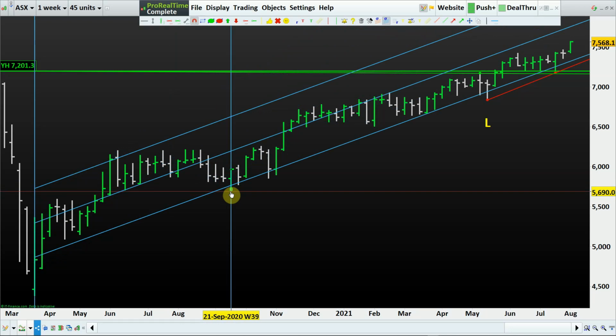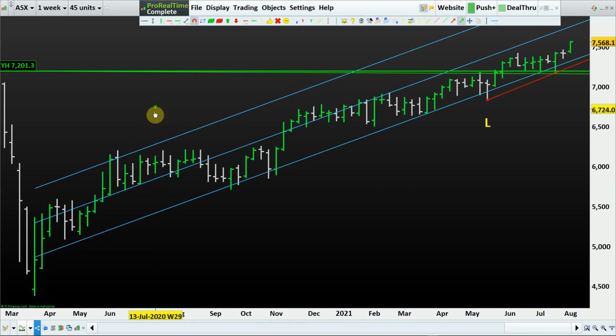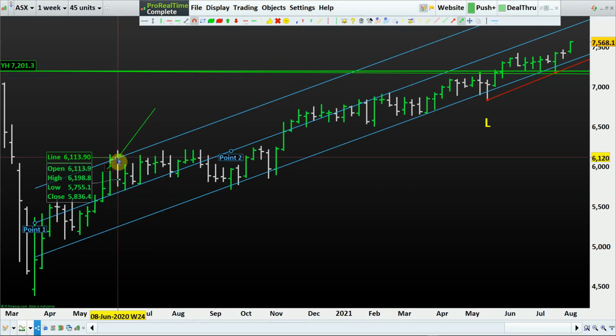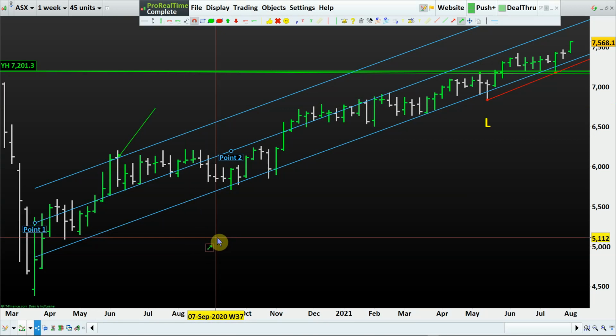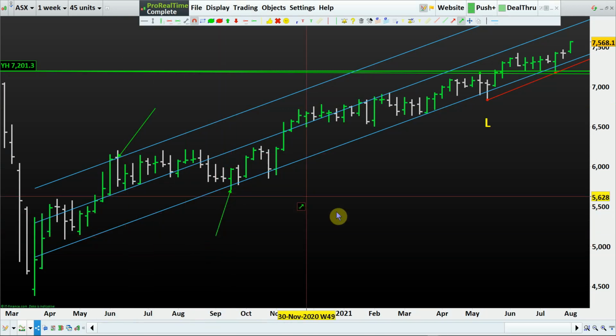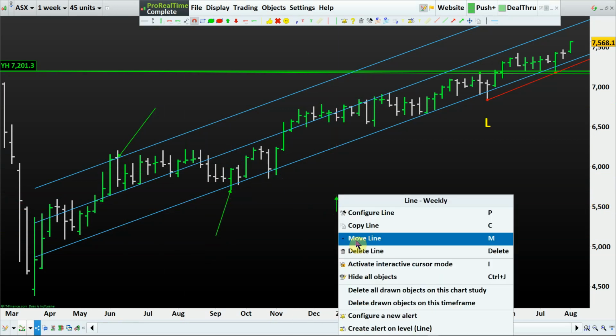See, on 21st of September, the channel has already taken it safe, isn't it? Why? Because this has touched one at the upside and one at the bottom, and retest. Makes sense.